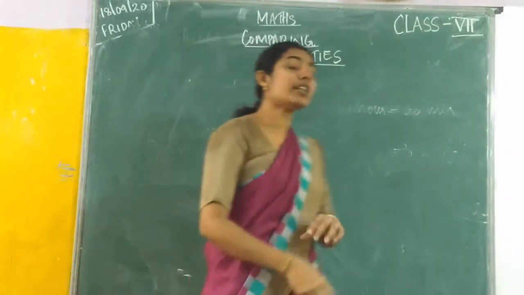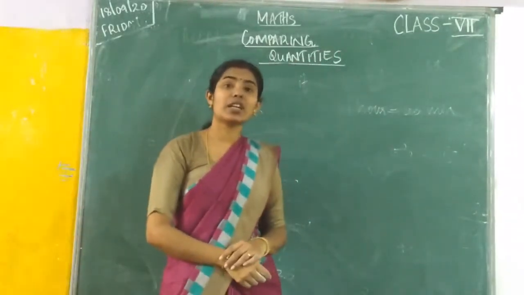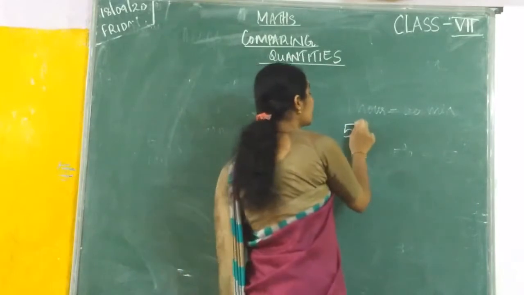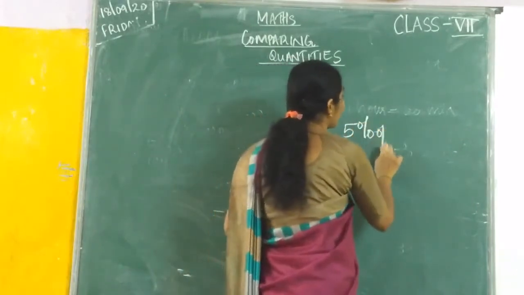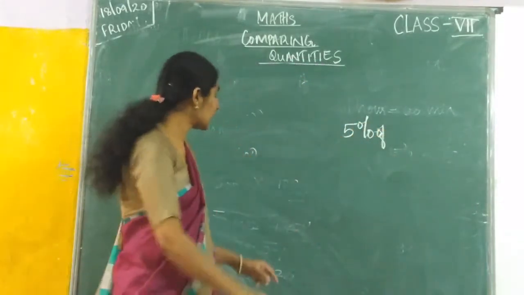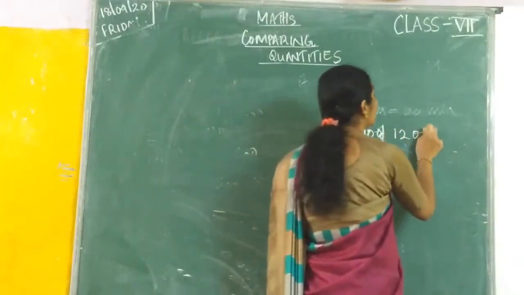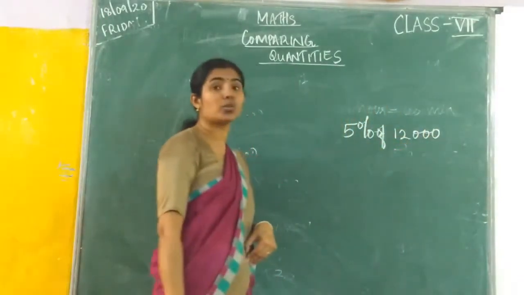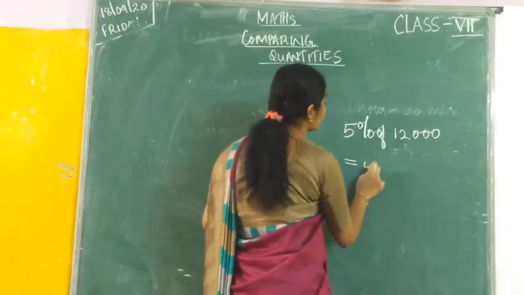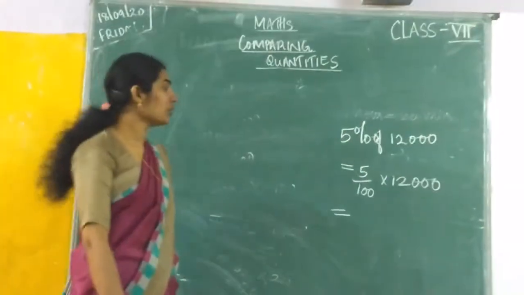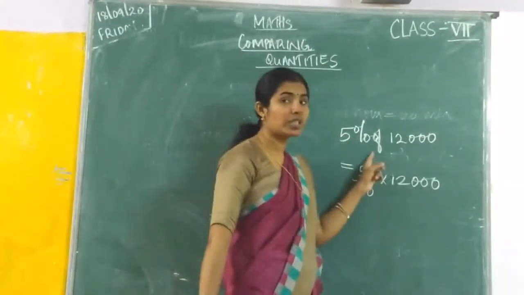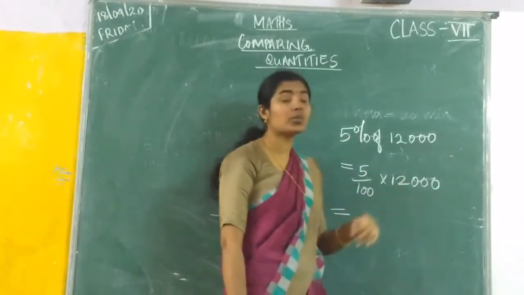If you have any doubt, how will you check whether the answer is correct or not? Find 5% of the whole quantity. Here we are getting the whole quantity as 12,000. What is 5% of 12,000? 5% means 5 by 100 multiplied by 12,000.